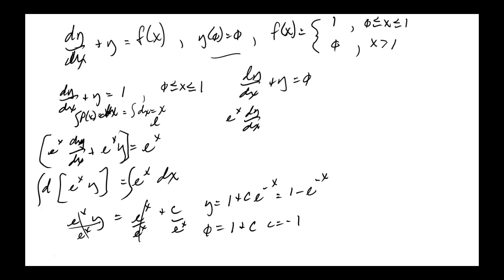What's different about this is the f of x is a piecewise defined function. It's 1 between 0 and 1, and 0 anywhere past 1. Not defined for any x's less than 0.